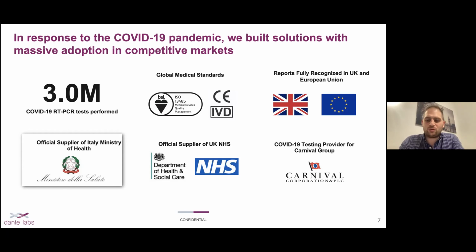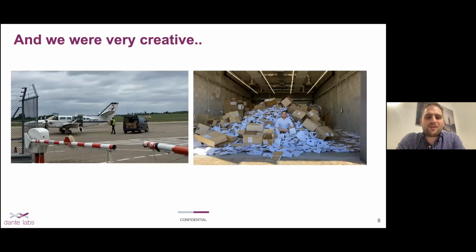How did we find a solution? We were very creative. So what we did, we proposed to the NHS that we could establish a warehouse in the United Kingdom in order to receive the samples, the specimens that they would ship to us in our warehouse.